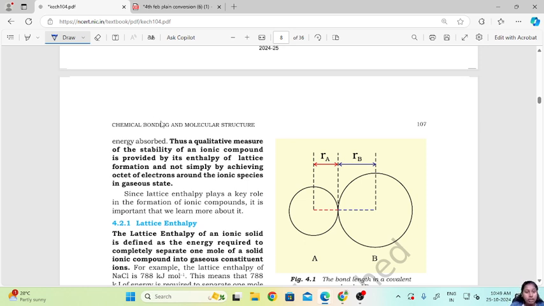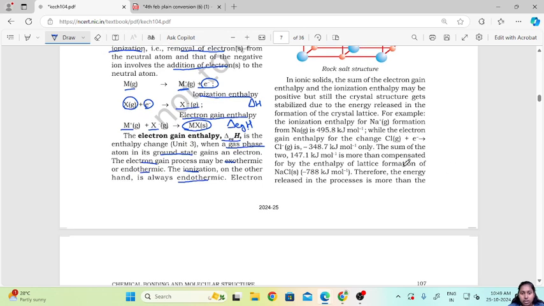Thus a qualitative measure of the stability of an ionic compound is provided by its enthalpy of lattice formation and not simply by achieving an octet of electrons around the ionic species in a gaseous state. Here you can see the total energy absorbed is 147.1 kilojoules per mole, but the energy released to form a lattice is negative 788 kilojoules per mole.